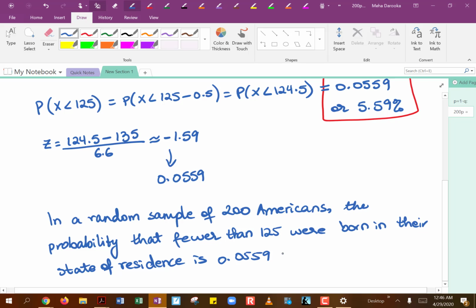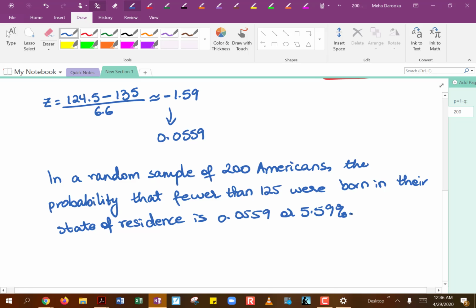So if you took a sample of 200 people and asked, there's only a 5.59% probability that fewer than 125 of them were born in their state of residence.